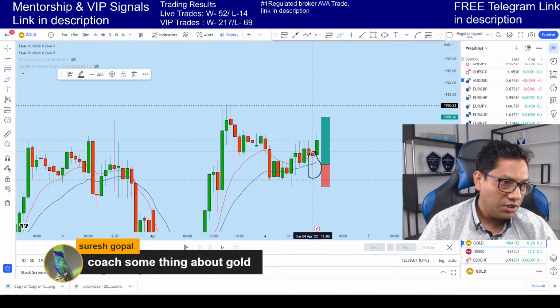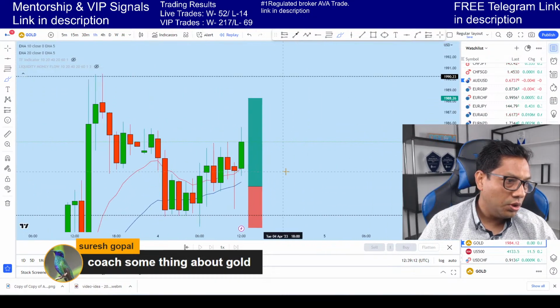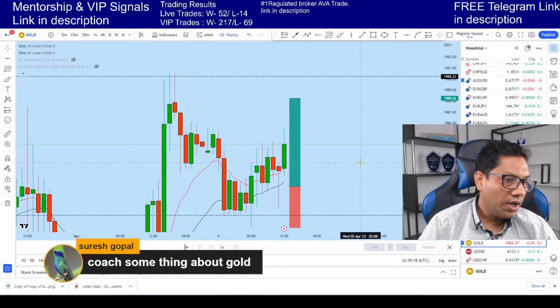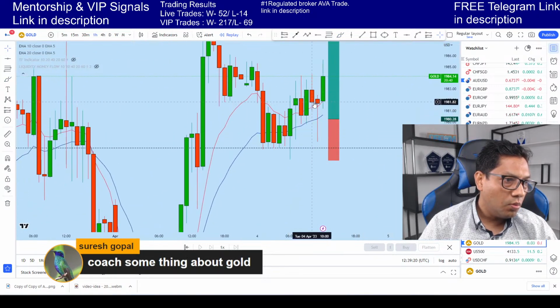This doji from the 1 hour has crossed almost quite a few hours low. And then you see there is a long wick candle that has created and then closed above.